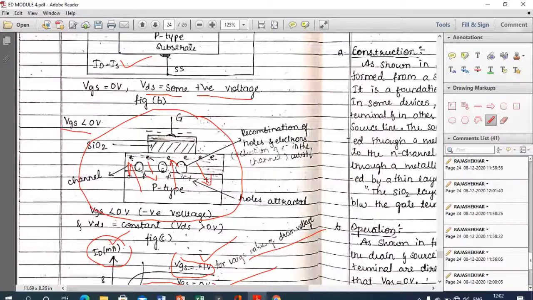Because of this, a recombination of electrons and holes takes place. This is the recombination of holes and electrons, the circle which is shown. Because of this, the electrons in the channel get reduced, and thereby the drain current also reduces.